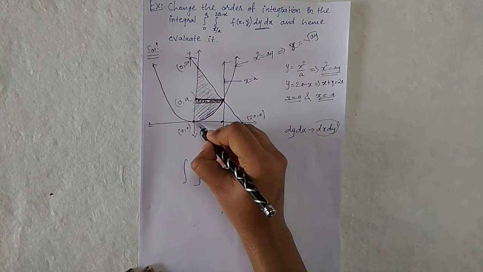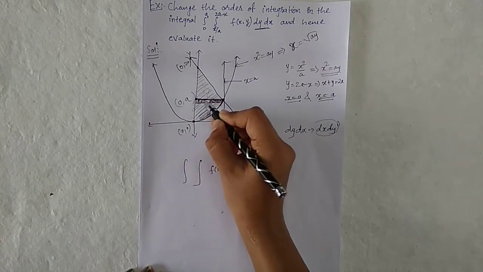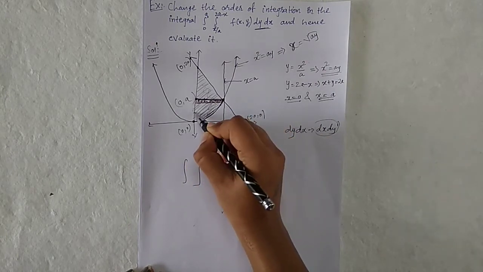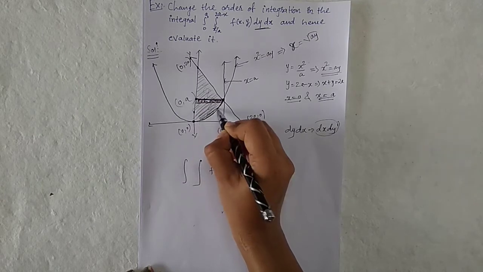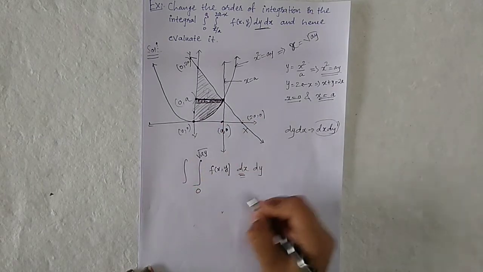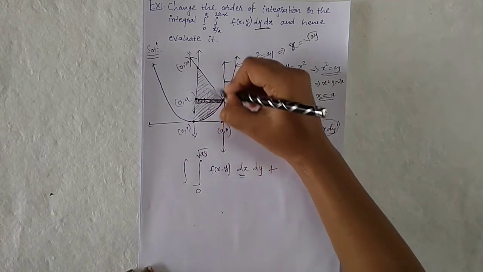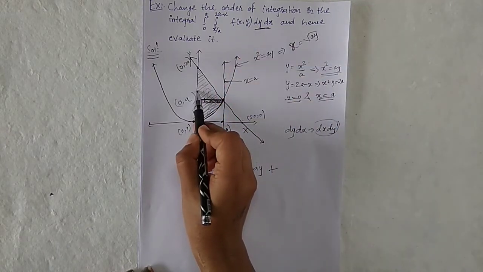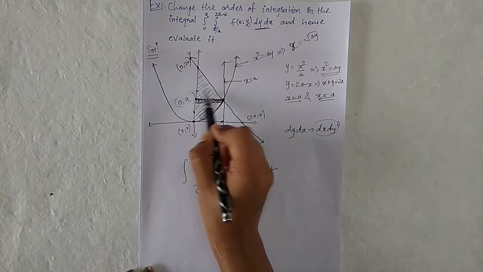So this is 0 up to here, 0 up to square root of ay, plus this region 4. So here it is 0 to here.